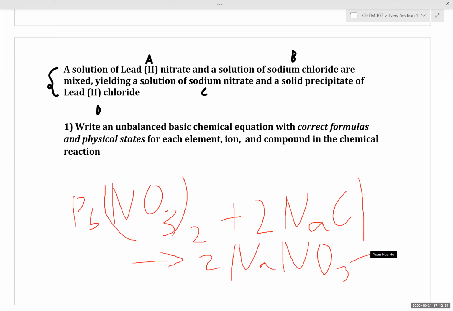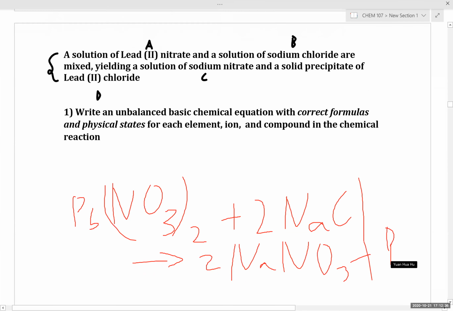And we have a proposed balanced equation with formulas provided. So this is our student proposed equation with formulas.